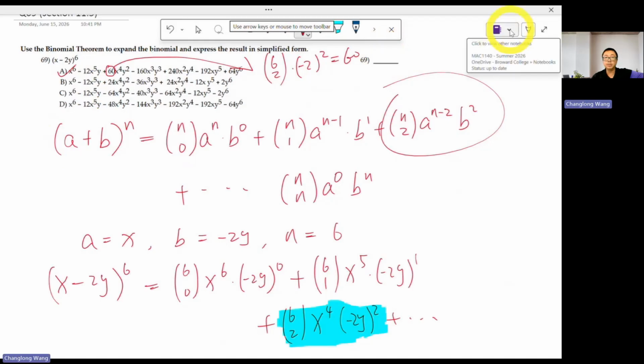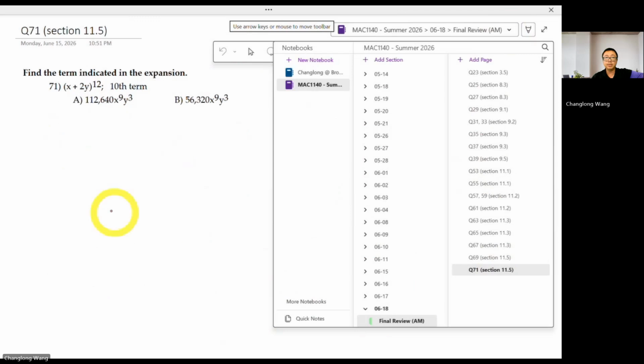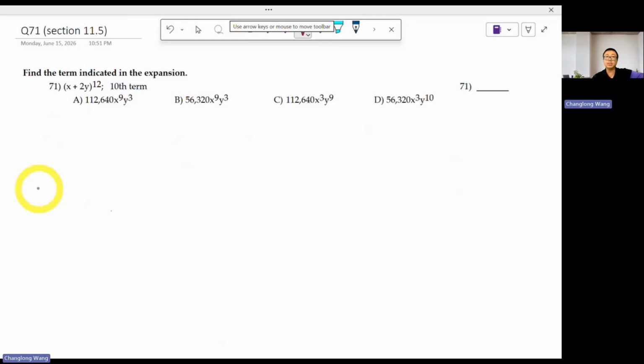All right. So, like I said, the last question is about finding a particular term. Now, if you're looking at the rth term, say the 10th term, if you remember that a particular term looks like nCr, a to the n minus r and b to the r.